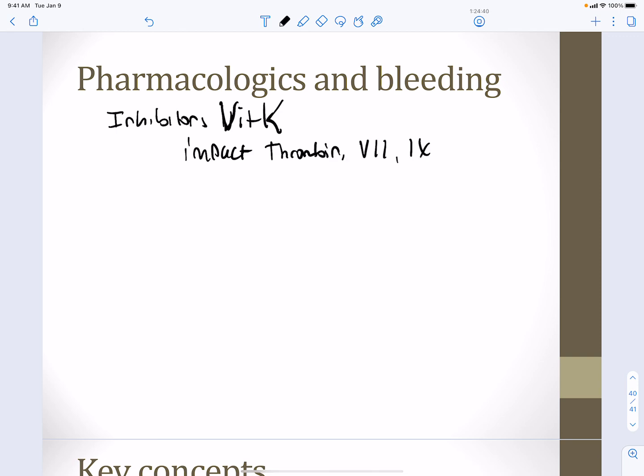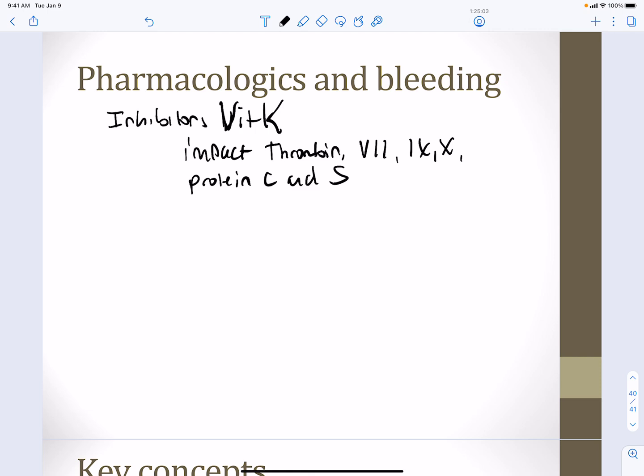Factors 7, 9, 10, and proteins C and S are all dependent on vitamin K, and these inhibitors are going to have the effect of inhibiting the reduction of the quinone derivatives of vitamin K to the active hydroquinone forms.